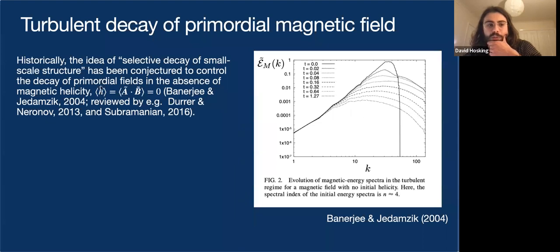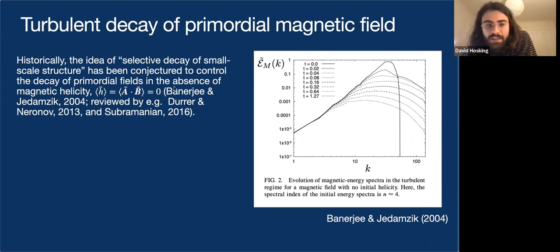In my primordial problem, the rescaled magnetic helicity, which is equal to the vector potential A dotted with B, so B is the curl of A, the magnetic helicity A dot B, then the ensemble average of that is 0. So that's non-helical magnetic fields.